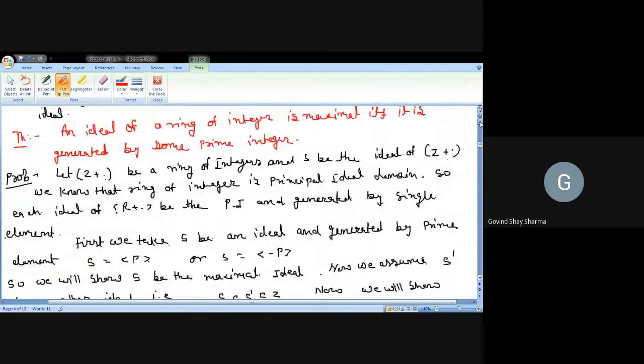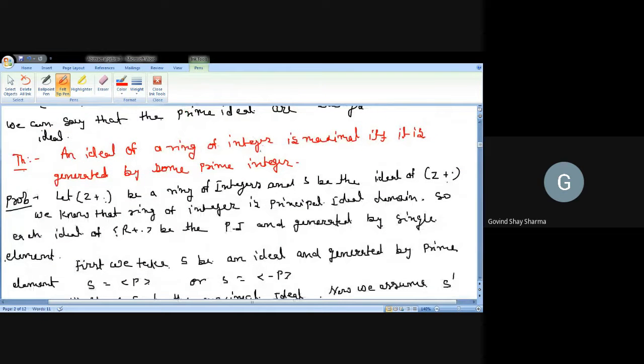I will explain this theorem again. An ideal of the ring of integers is maximal if it is generated by some prime integer. So first we take that a prime ideal will be a maximal ideal. In the ring of integers, as the ideal we take the principal ideal generated by a prime number.